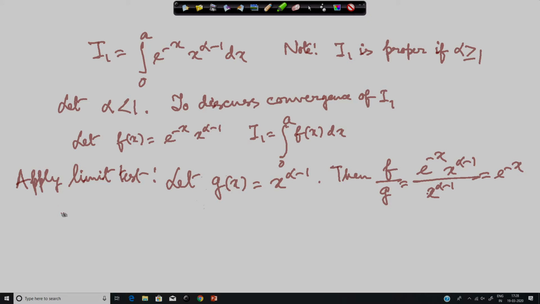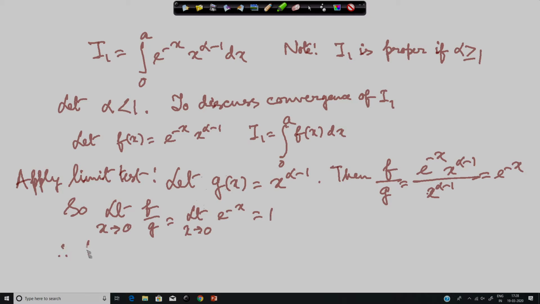And so, the improperness, if any, is at the point x equal to 0. So, we should put the limit x tending to 0 of f by g, that is going to be equal to e to the power minus x, so 1.